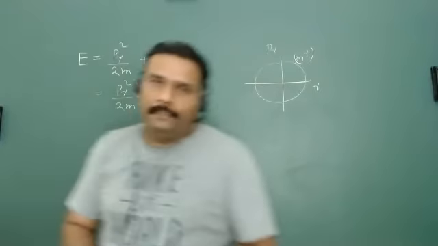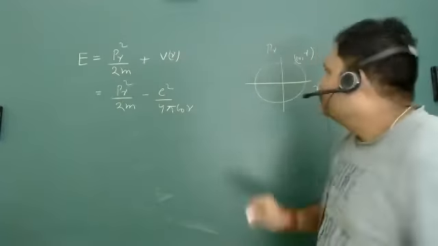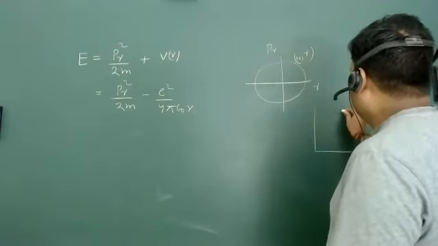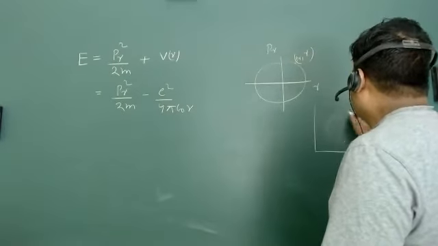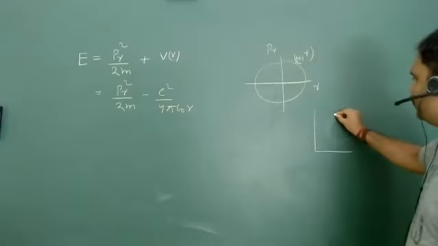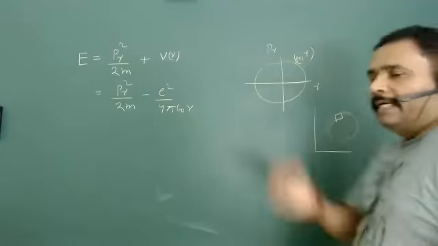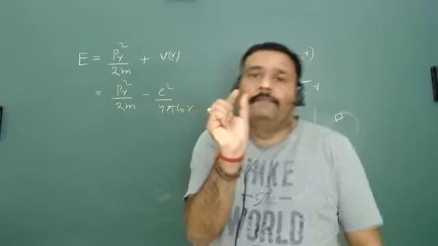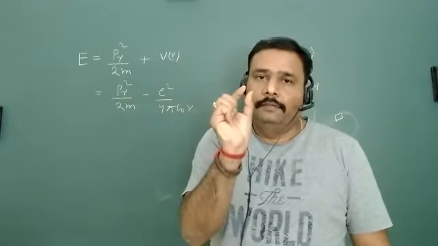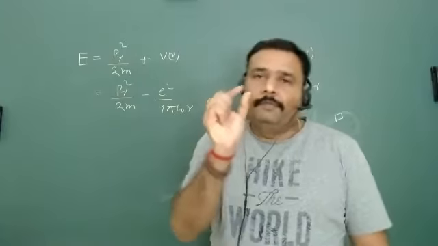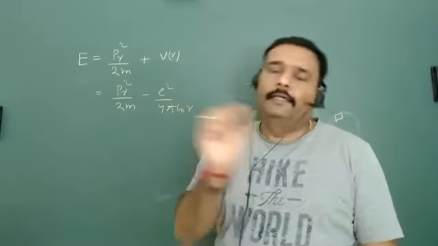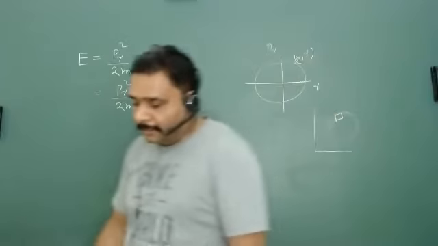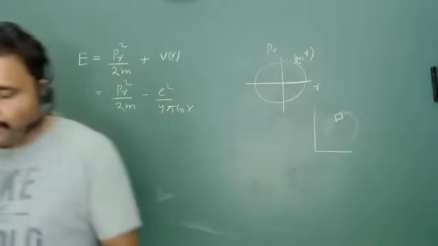Due to the uncertainty principle, as I told you in the last class, there is some dimension, meaning it has some area, and that area must be approximated to h.